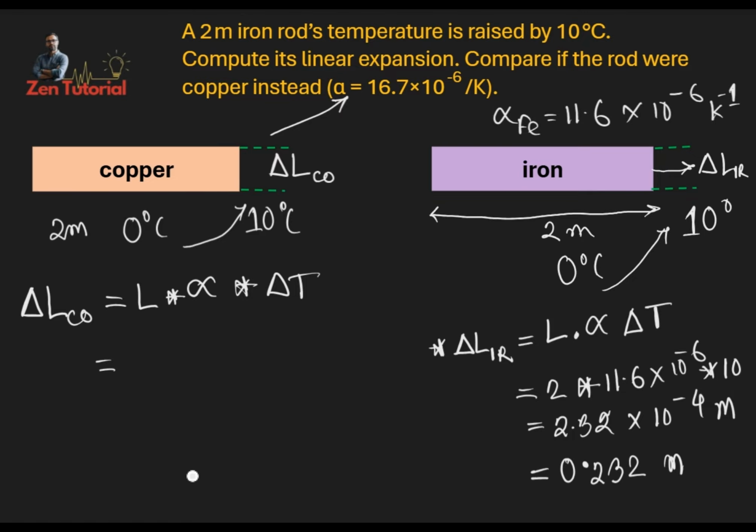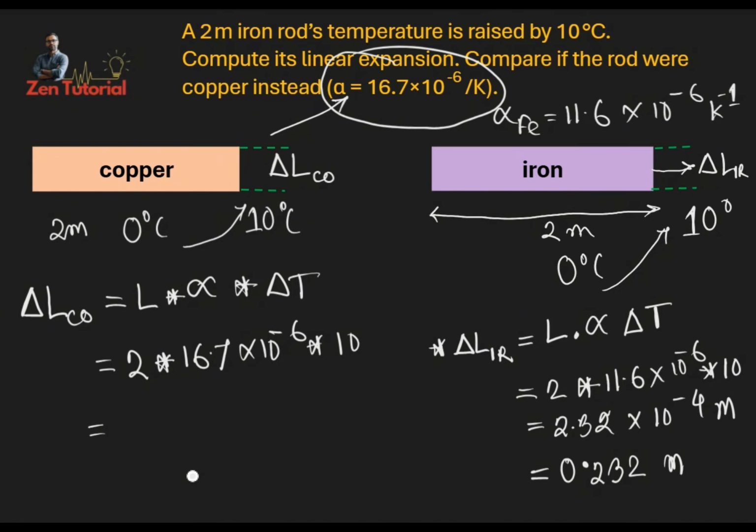Here the only change will be the linear coefficient for copper, and length is 2, and this will be 16.7 times 10 to the power minus 6, and temperature is 10. So we have 3.34 times 10 to the power minus 4 meter.